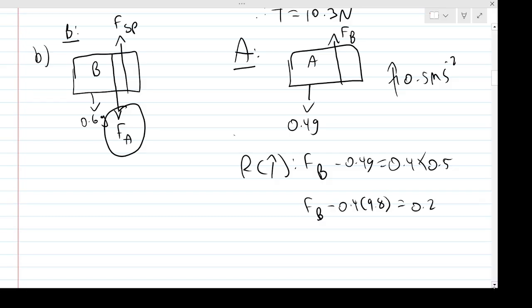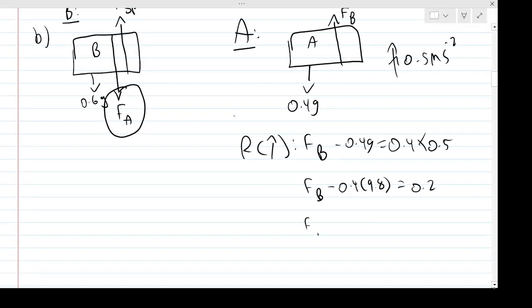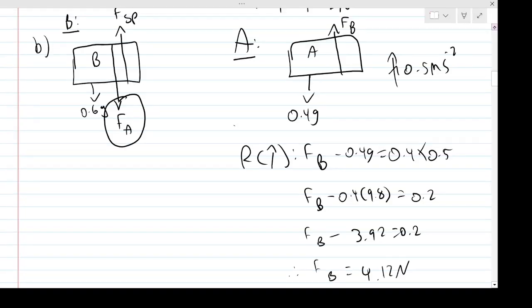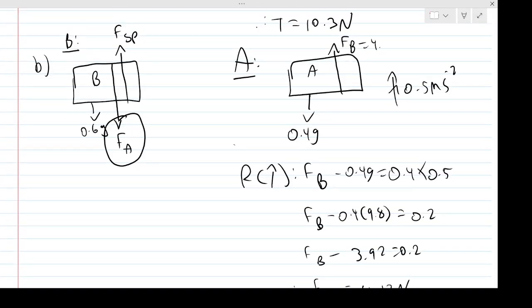Okay, and so F of B, take away 3.92 is 0.2. So if I add on 3.92, I get the force created by B is 4.12 newtons. Okay, so there we are. So this is 4.12 newtons.